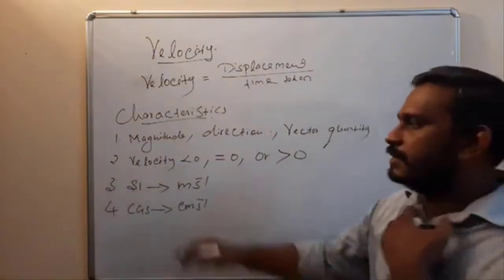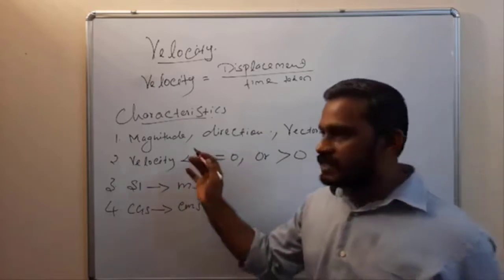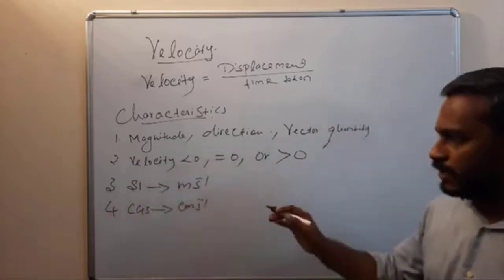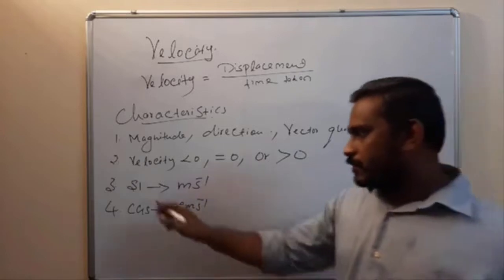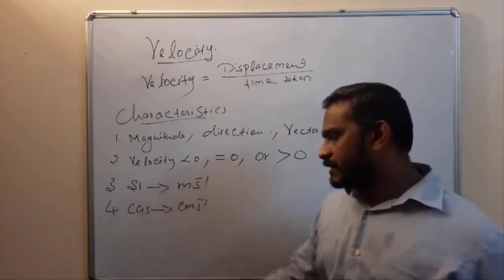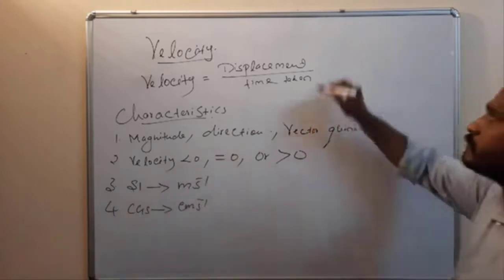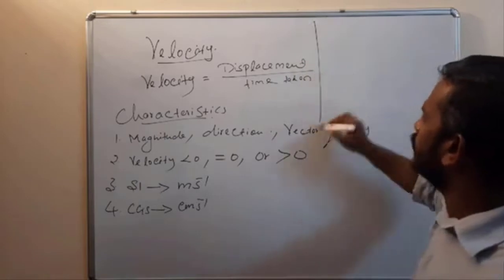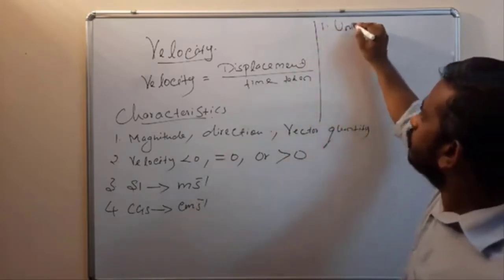So velocity has a magnitude and direction, so it is a vector quantity. Velocity may be negative, equal to 0 or greater than 0. The SI unit is meter per second, the CGS unit is centimeter per second. So what are the different types of velocity? One, uniform velocity.